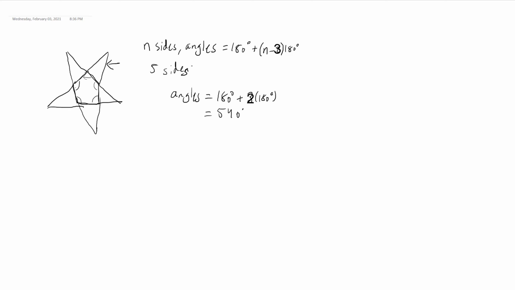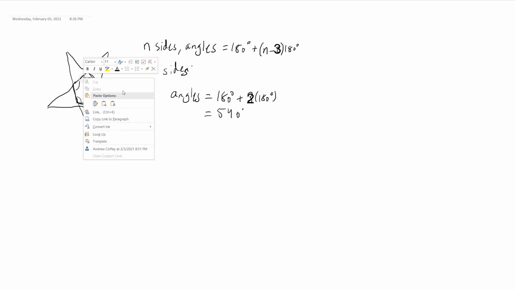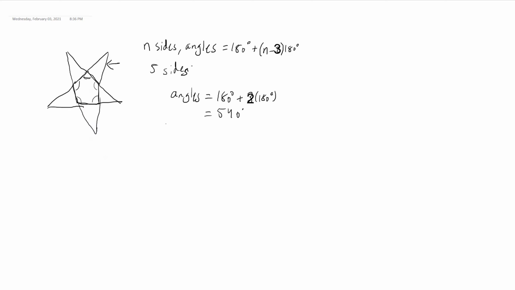Now, to get each of these angles, we divide by 5. 540 degrees over 5 is equal to 108 degrees. So each of these interior angles is 108 degrees. Now, that means that this angle has to be 72 degrees.